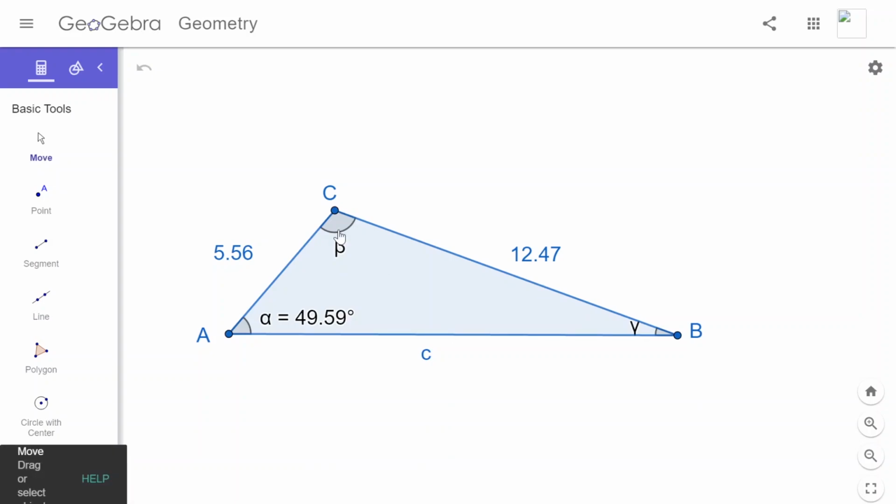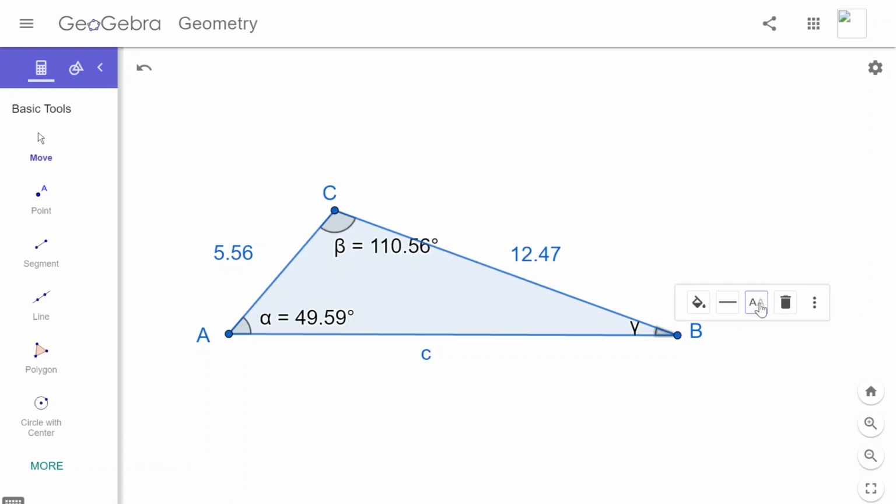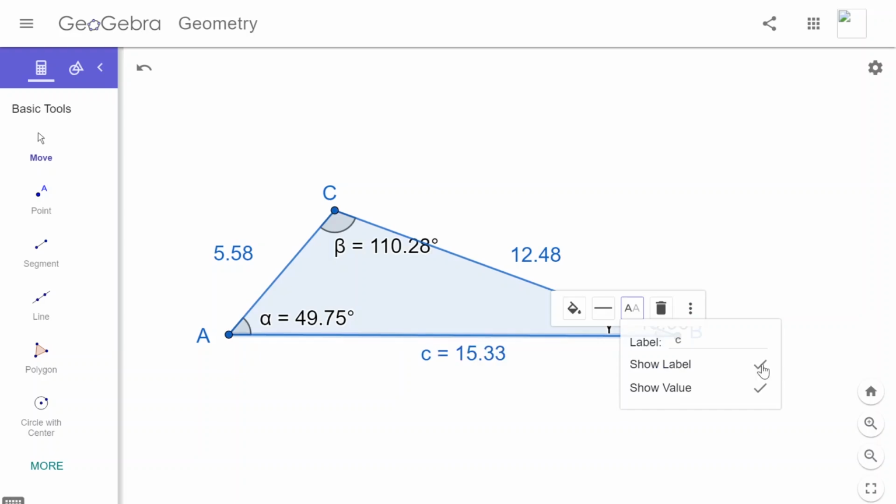So beta here, we get 110.56, and gamma, the value that we got was 19.5, and the length of this side is 15.33. So let us go back to our solution.